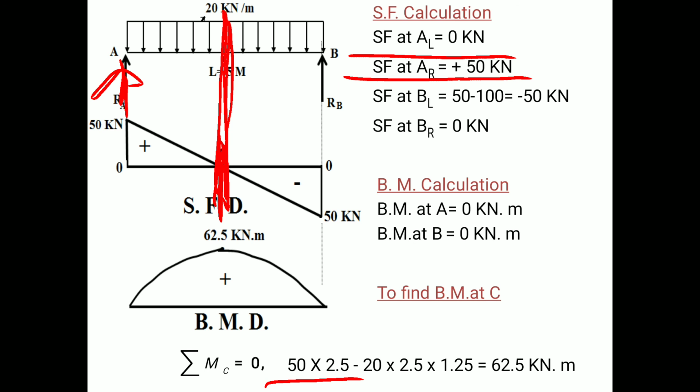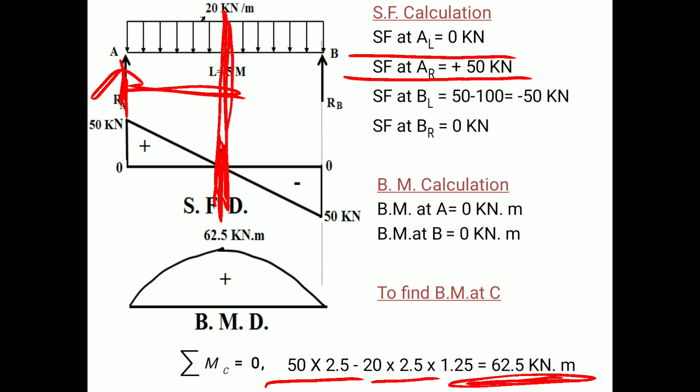And remember that this 20 kilonewton UDL will try to hog the beam, therefore it is considered negative. So minus 20 into this distance 2.5, and we have to convert it into a point load, therefore 2.5 divided by 2, which is 1.25. Therefore, we have the final answer: moment at C equal to 62.5 kilonewton meter.